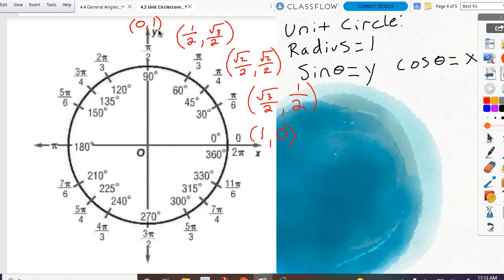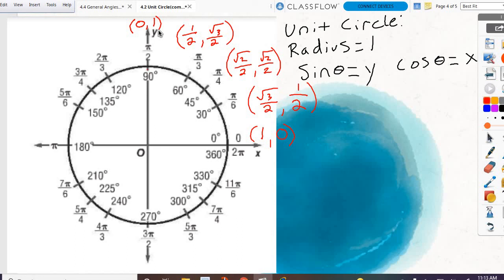So then next, we could keep drawing all of the triangles to find sines and cosines, but we don't really have to. We really have all of our other values. So what did we say our reference angle of 2 pi over 3 is going to be? So 2 pi over 3 has a reference angle of 60 degrees or pi over 3, right? You with me?